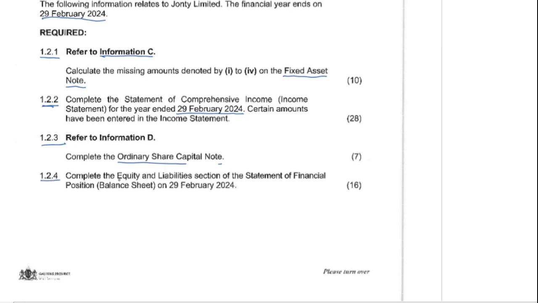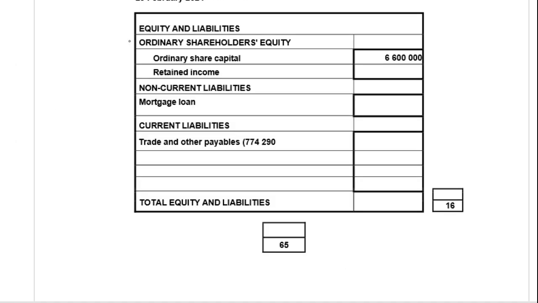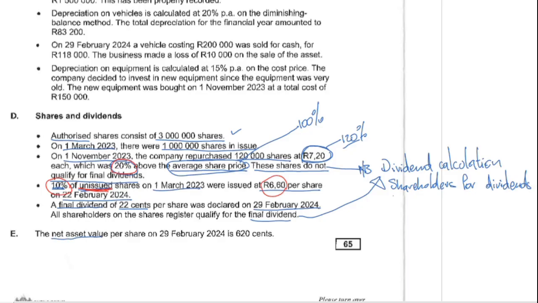Question 1.2.4 requires us to complete the equity and liabilities section of the Statement of Financial Position on 29 February 2024. Let's start from the top. For ordinary shareholders' equity, in the additional information, we are told that the net asset value per share on 29 February 2024 is 620 cents.